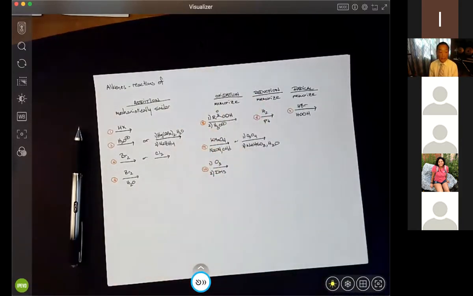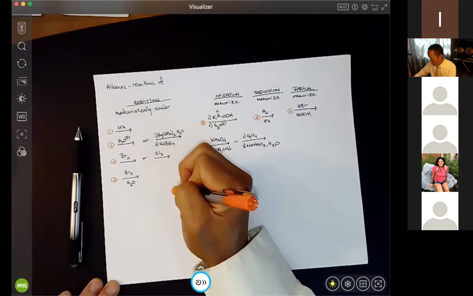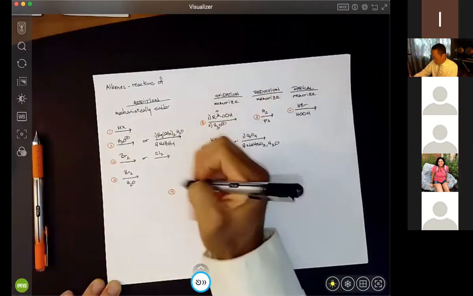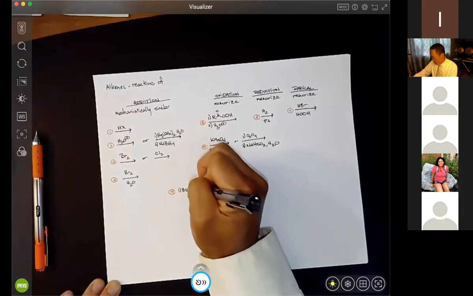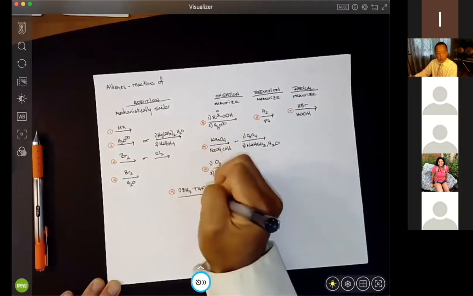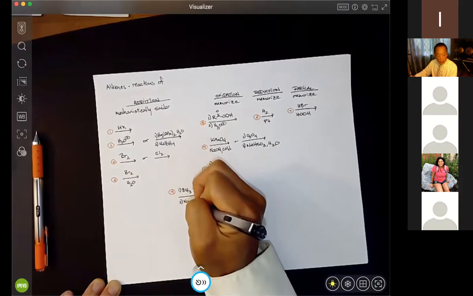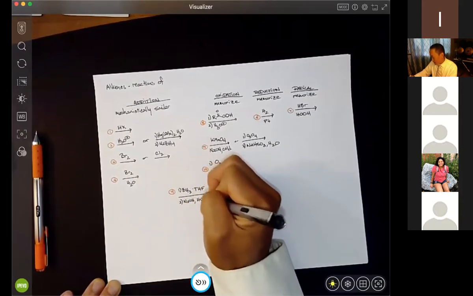And then finally, the last thing we avoided and are coming back to is letter number 4, right here, which is the addition of this, followed by NaOH and peroxide.